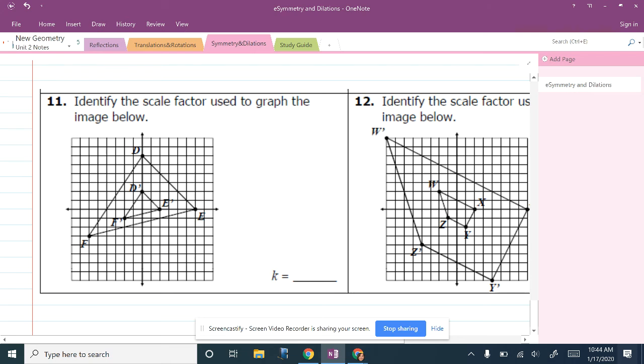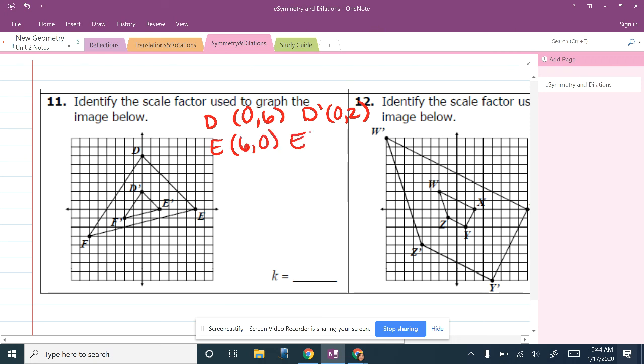Right? So the way I like to do it is just write down ordered pairs. Like for D, what's the ordered pair for D? 0, 6. And D prime is what ordered pair? 0, 2. And then let's do another one, for example. Let's do E. E is what ordered pair? 6, 0.